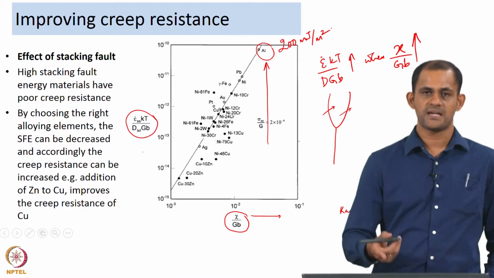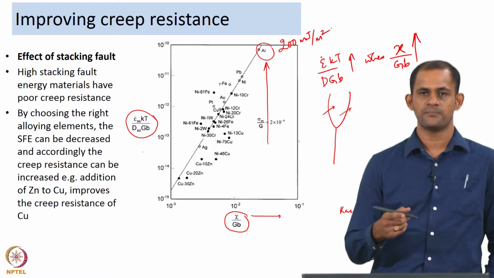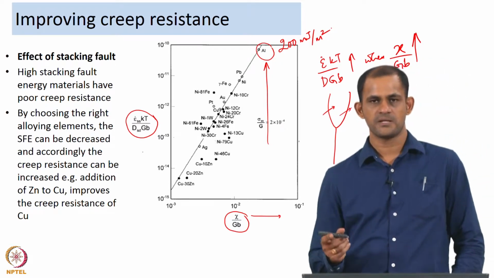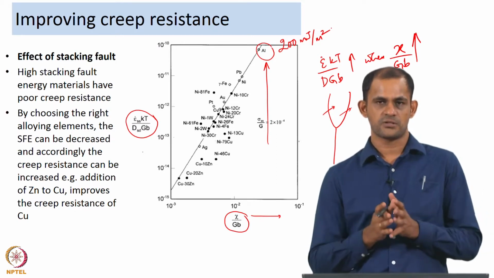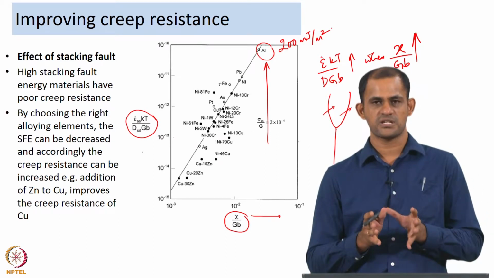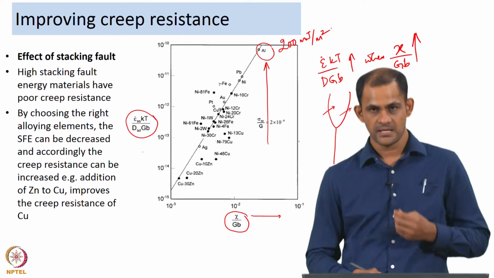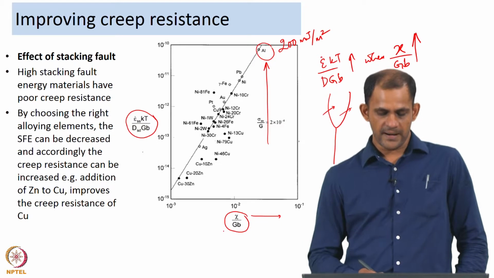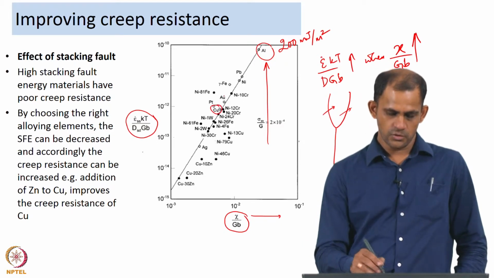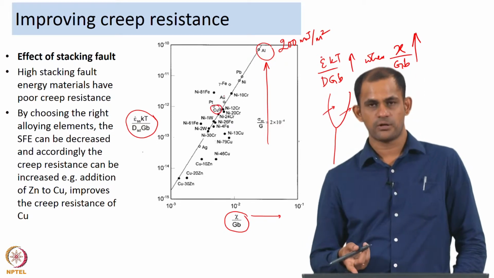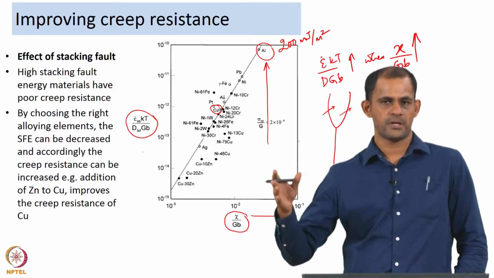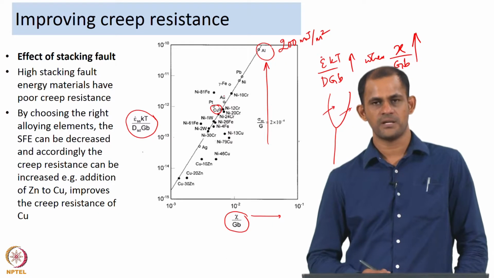On account of the high stacking fault energy, aluminum finds it difficult to develop any stacking faults, which means the dissociation of a single dislocation into two partials is actually difficult in aluminum compared to copper. So, in aluminum, that is why you see a lot of cross slip; the dislocation finds it easy to move from one plane to another plane and does not have to form any stacking faults.